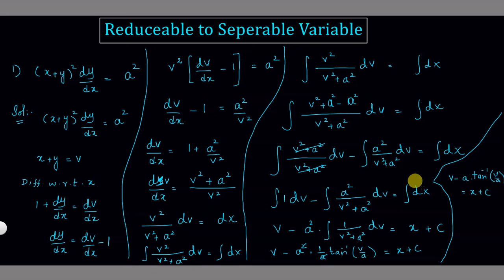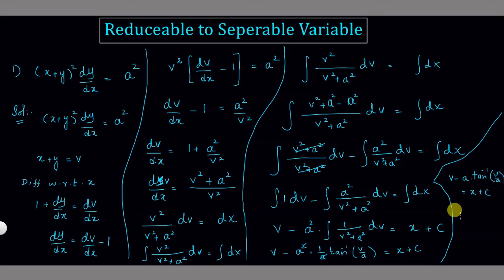Actually what was v? v was x plus y. Since the original question is in the variables x and y, our final answer should be in the variables of x and y. So we have to remove v. v was x plus y, so we will just replace v by x plus y.